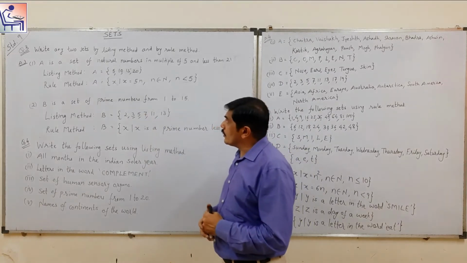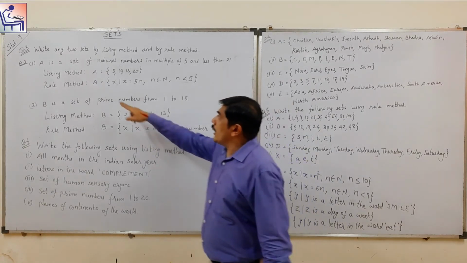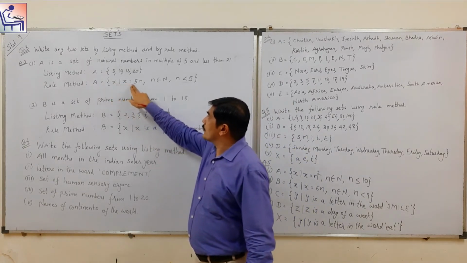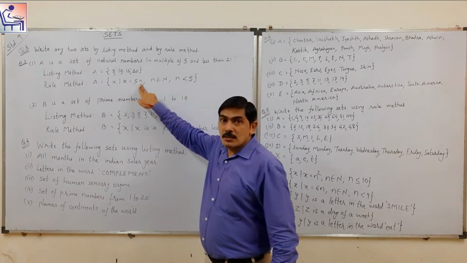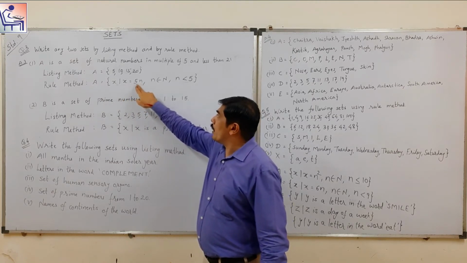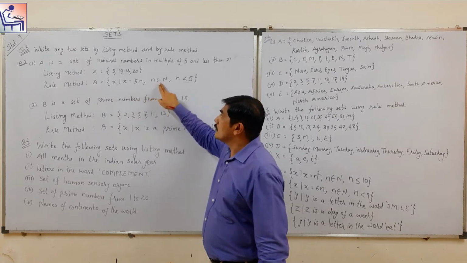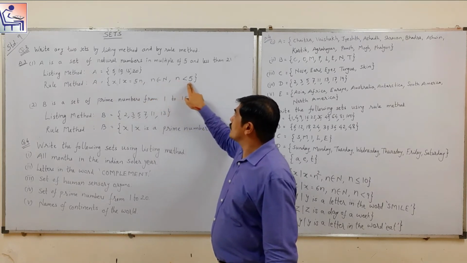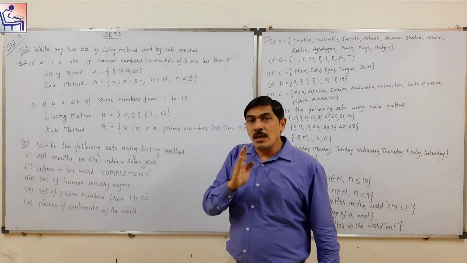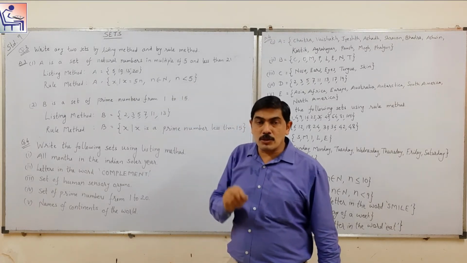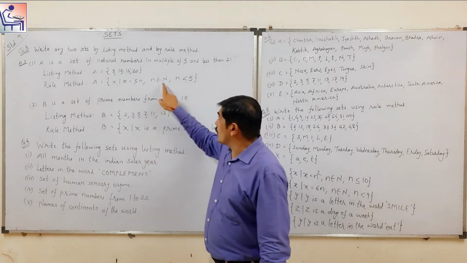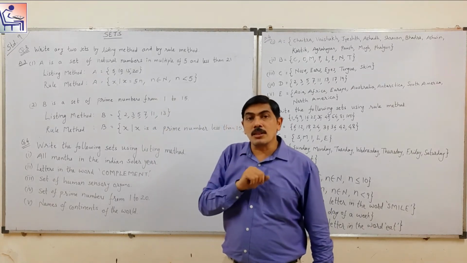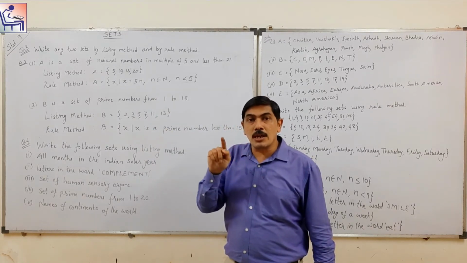And in the rule method we will write it as A is a set of all x such that x is equal to 5n. This is for the multiple of 5, where n is an element of natural numbers and n is less than 5. If n is less than 5 and n is a natural number, it means 1, 2, 3 and 4.